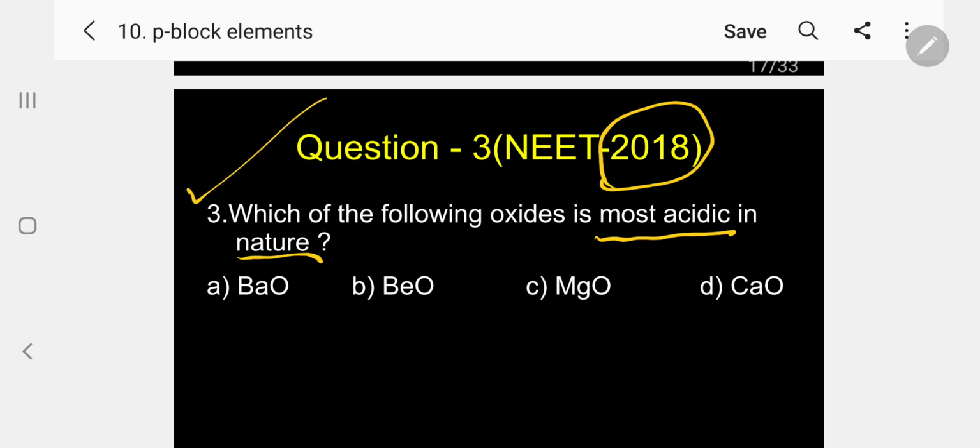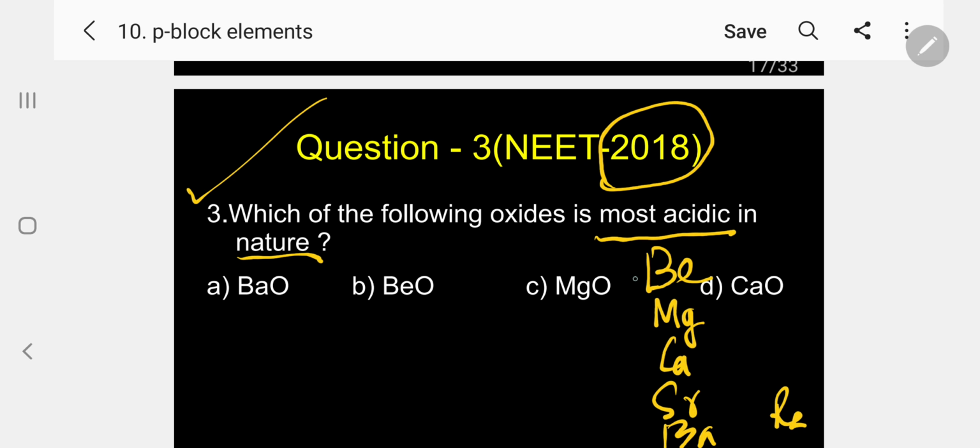You take all four oxides, coming under the S block elements, the second group: beryllium, magnesium, calcium, strontium, and barium. Radium is also there, but it is not included. So beryllium oxide, magnesium oxide, calcium oxide, and barium oxide.